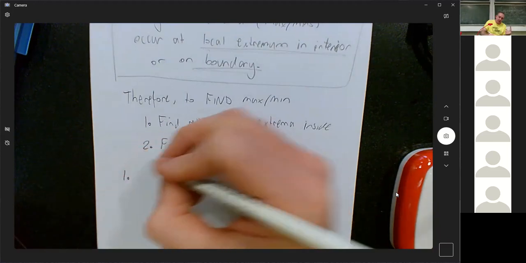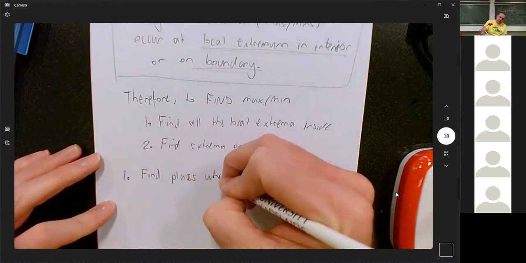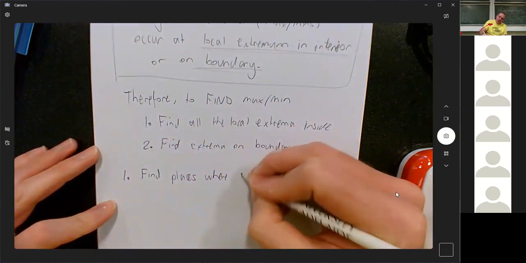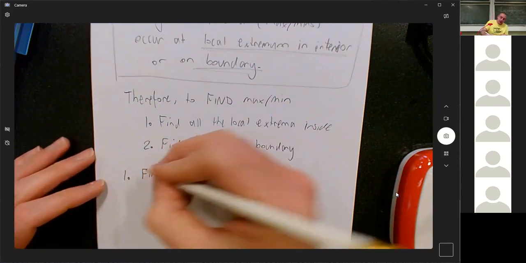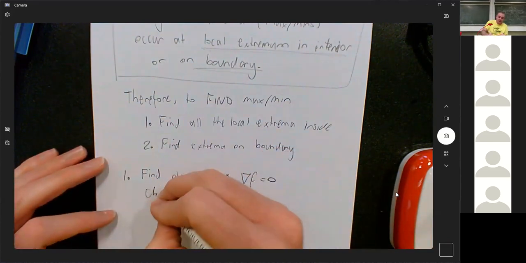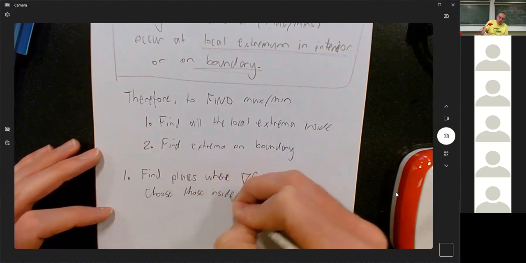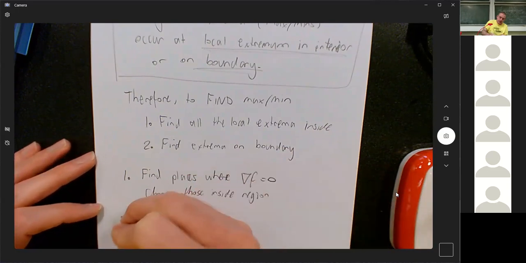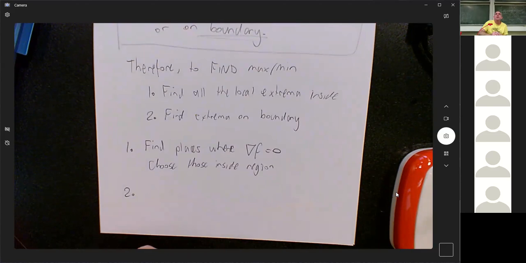And 1 requires you to find the places where the gradient of f is 0. Is that how they write this? All the first derivatives have to be 0. And only choose the ones that are actually inside the region. And number 2 is with Lagrange multipliers.